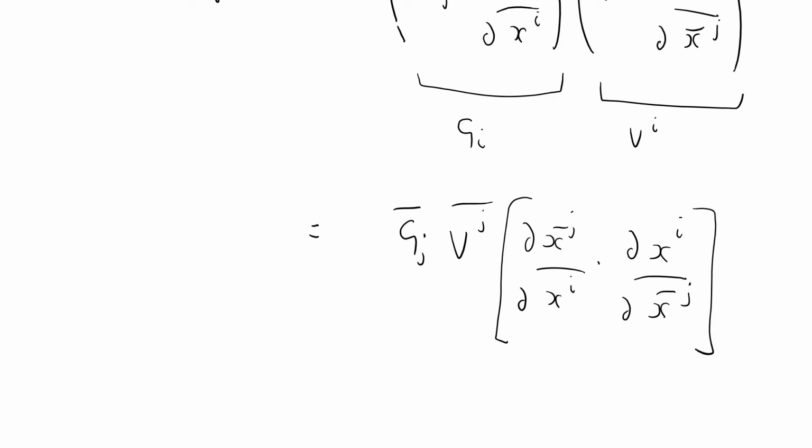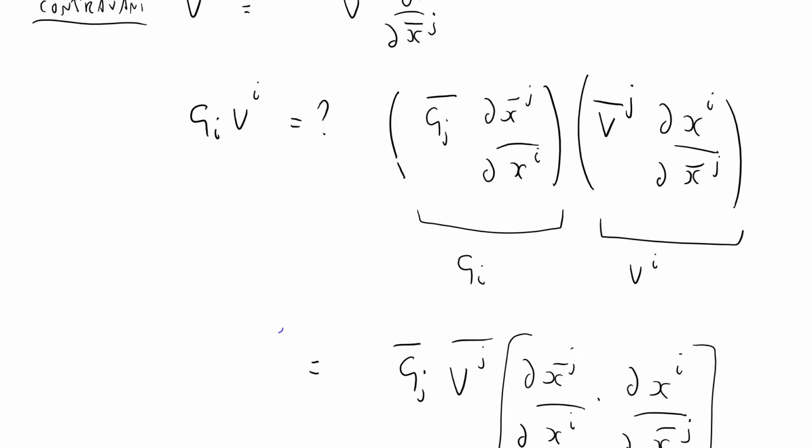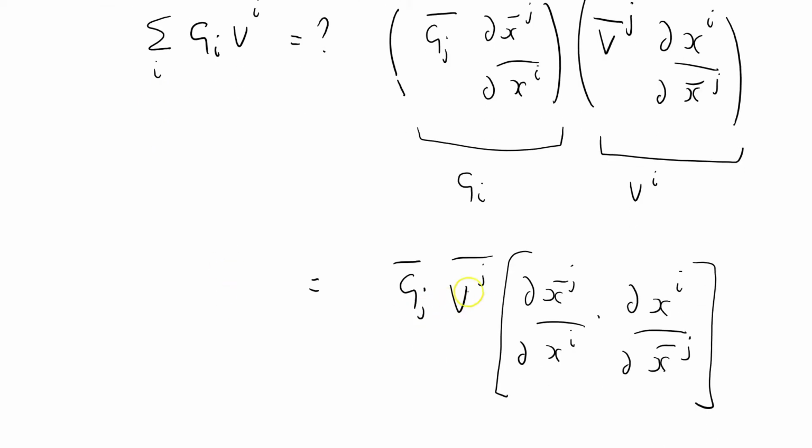This is summed over i. Yes, it's summed over i because there's an implicit sum here. So this is summed over j. I'm getting myself tangled up here. That i is this i. There's two j's.